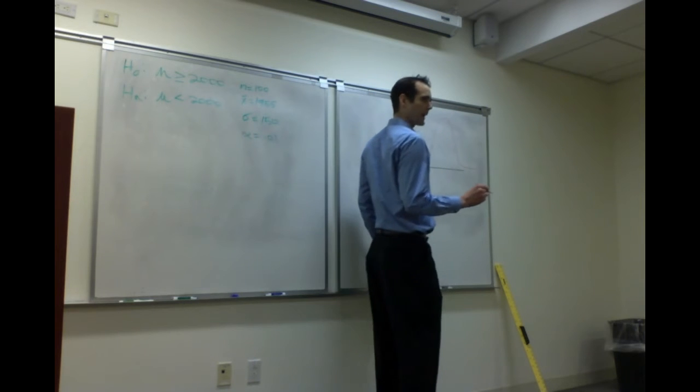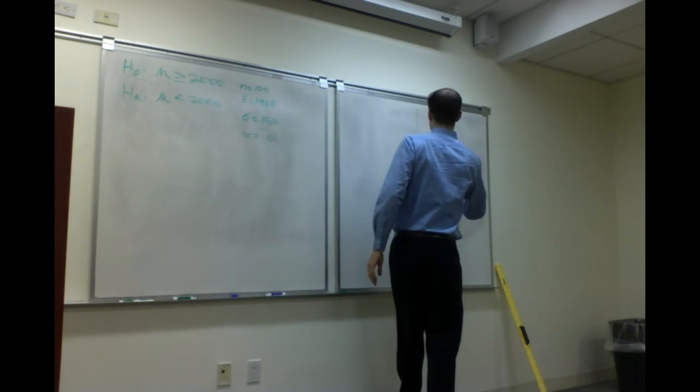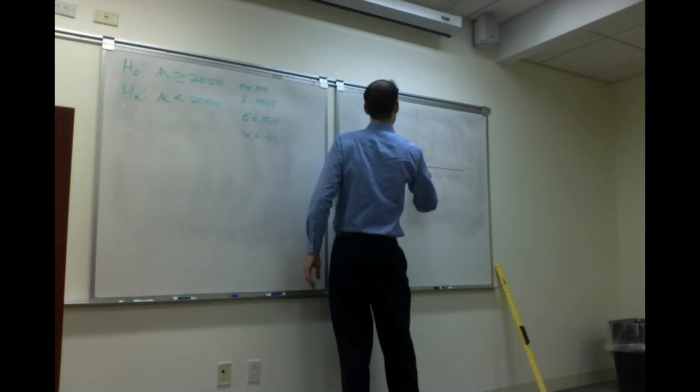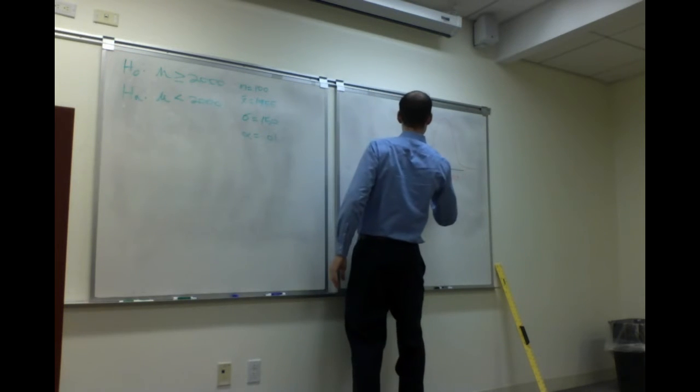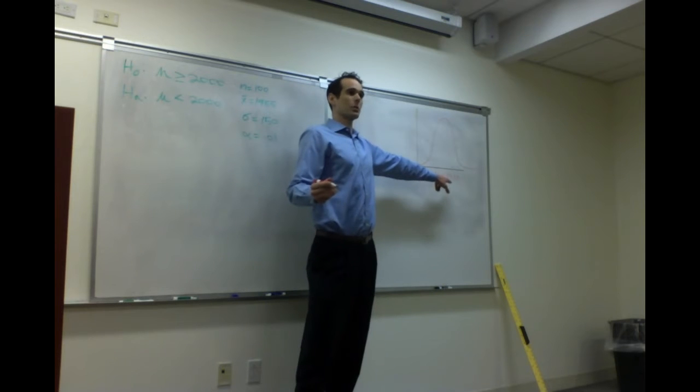Assuming that what the supplier tells us is true, the mean is 2,000. Okay? And we calculated a sample mean of 1955, excuse me. So we calculated a mean that was less than 2,000.